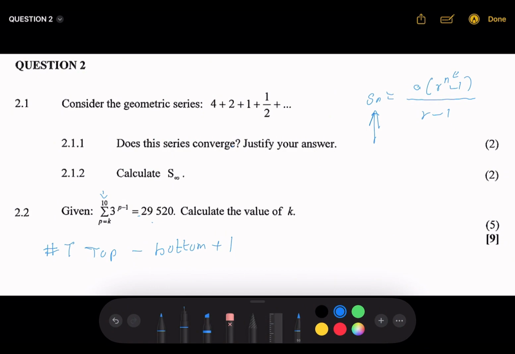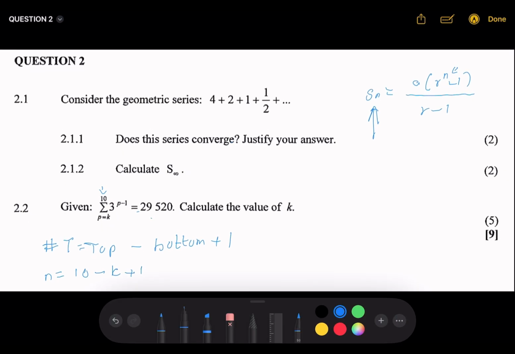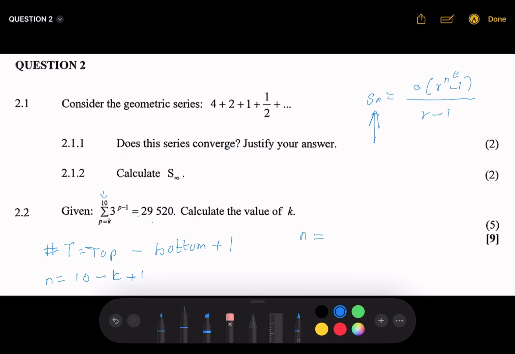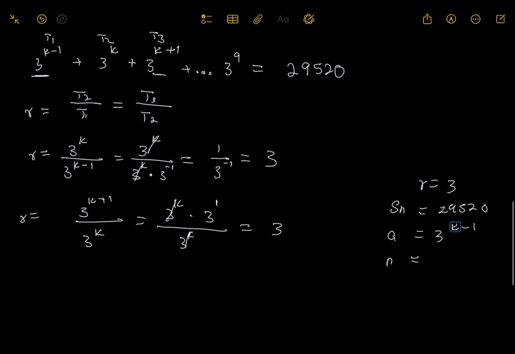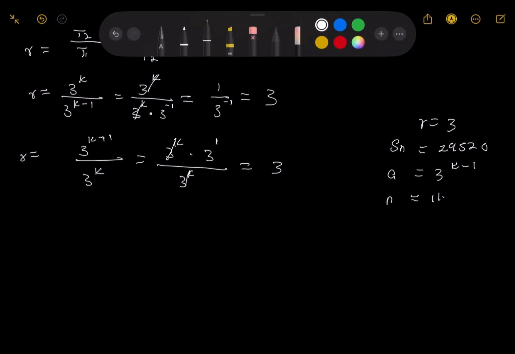Okay, so how are we going to do this? Our n value is equal to 10 minus k plus 1, and you can simplify it to be 11 minus k, and there you have it. We have our n, which is 11 minus k.